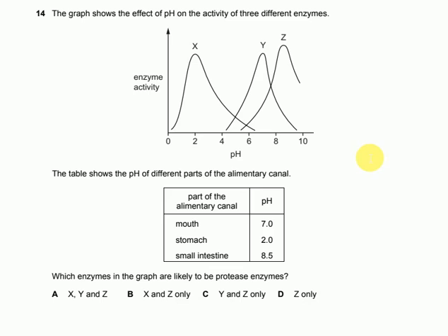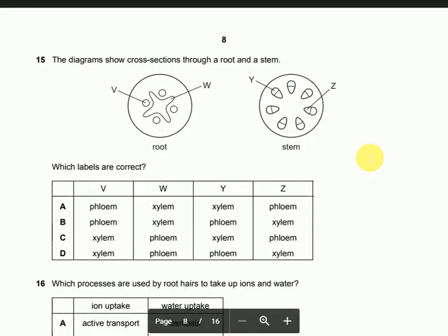The mouth produces amylase. Stomach, pepsin. Small intestine, 8.5. Y and Z is the most probable answer. Or only Z. I think we'll go with only Z. 11 and 14 are to be checked.